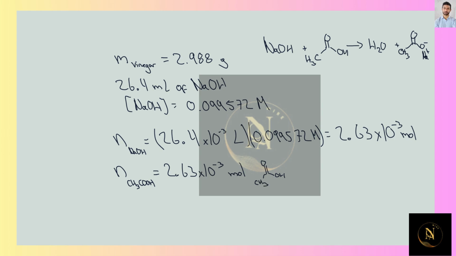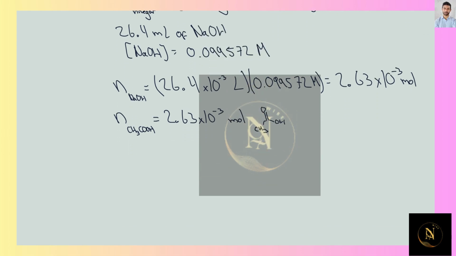Next up, we need to calculate the mass of the acetic acid, CH3COOH. This is nothing but multiplying the value for the amount of moles times the molecular weight of acetic acid.